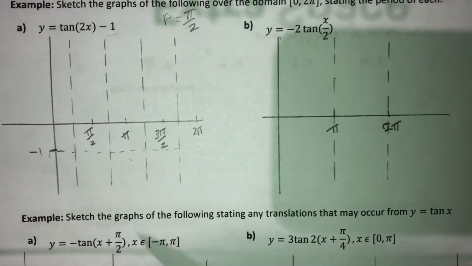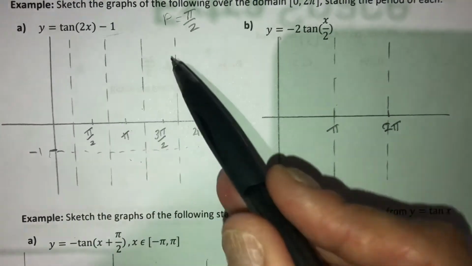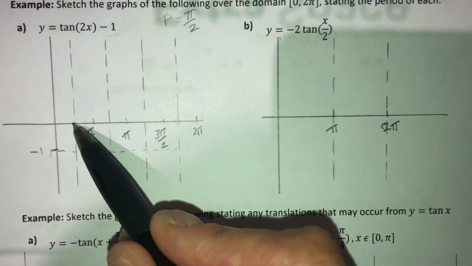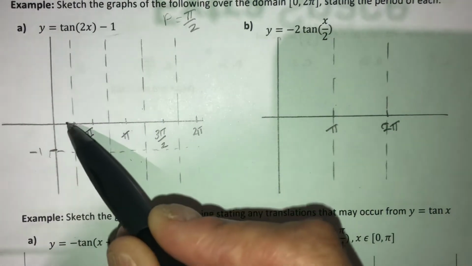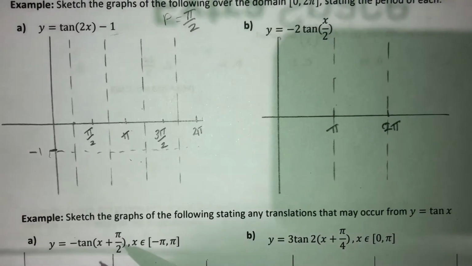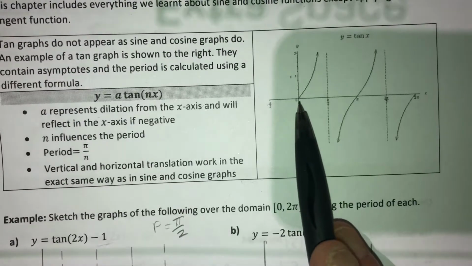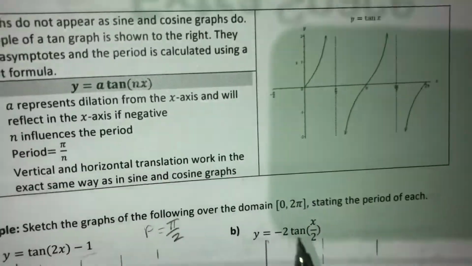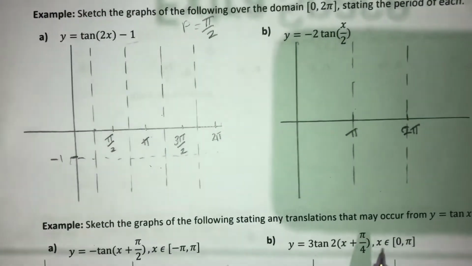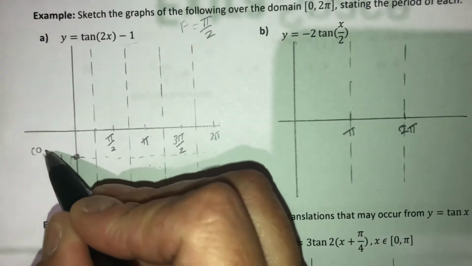So if it's going to stretch between 0 and pi on 2, because that is what our period is, normally that would be the middle point and we'd go up through here. But this time it is at -1. Now with tan, when you start from 0, from up here, we come straight from 0, 0. So we're going to do that, but of course we're going to come from 0, -1.